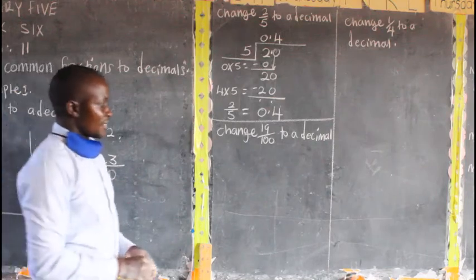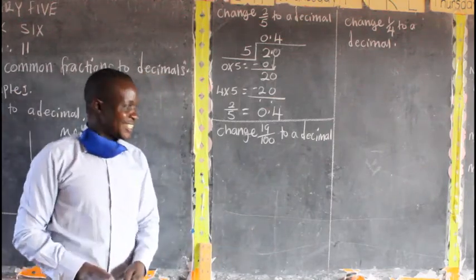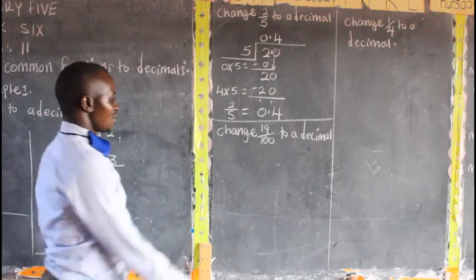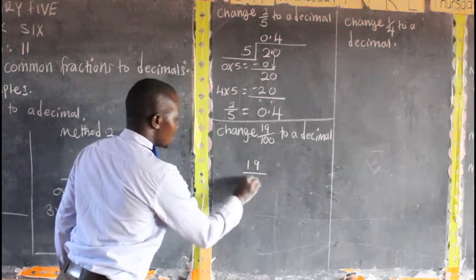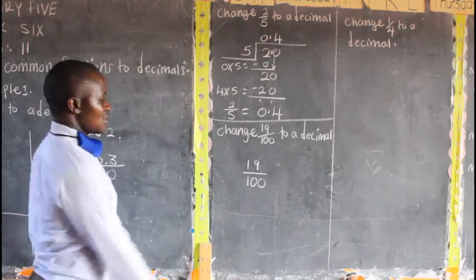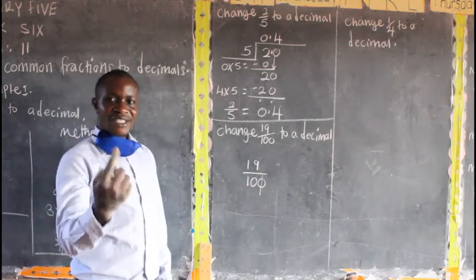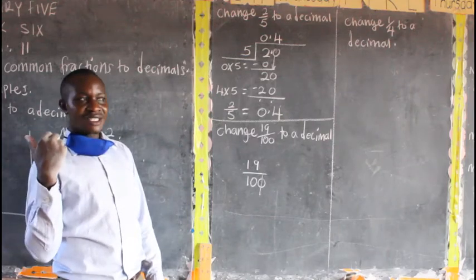Example 3. Example 3 has two methods, as I said. The one is for 100, 10, 1000. This one you just say out of 100. And when you close this 0, a decimal point skips one digit going to the left-hand side.